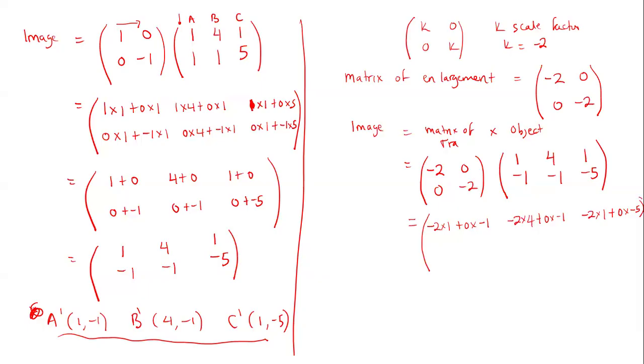Then down here: 0 times 1, then negative 2 times negative 1. Okay, 0 times 4, negative 2 times negative 1. 0 times 1, negative 2 times negative 5.